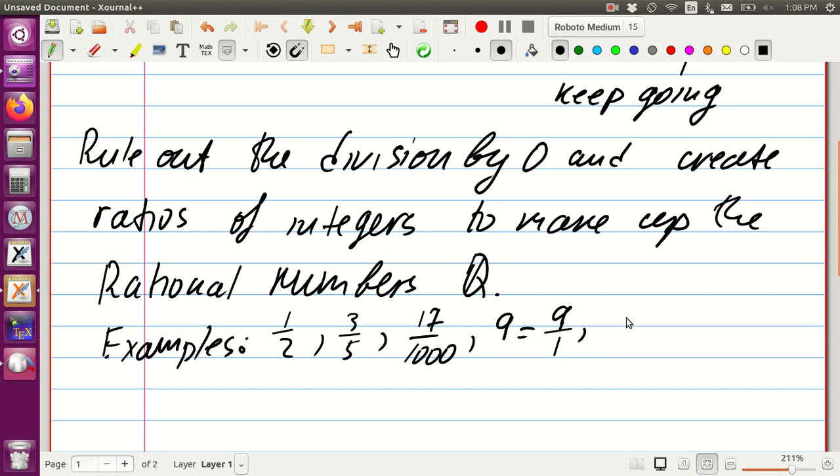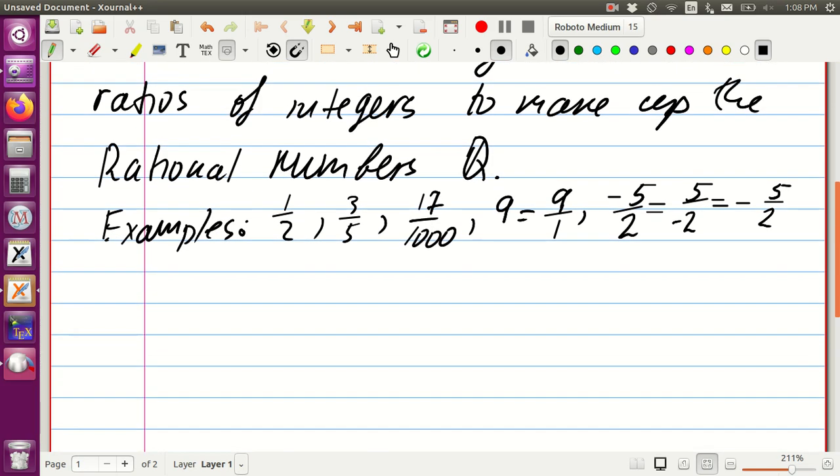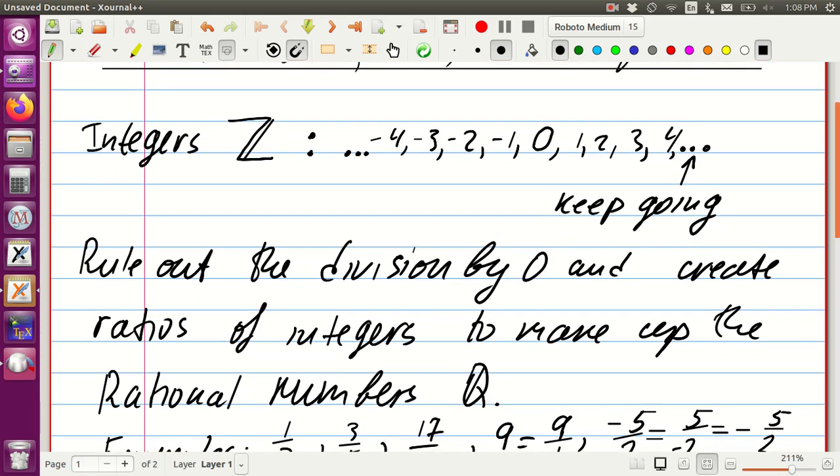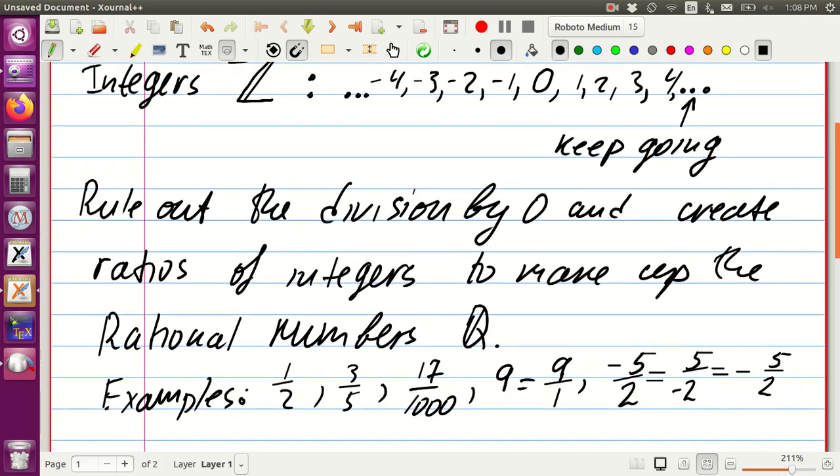Negative fractions will also be there, like -5/2. But we can also write -5/2 as 5/-2, and also as negative in front of 5/2. So there are many different ways to write negative fractions. This would be all rational numbers, basically the ratios of integers excluding 0 from the denominator.